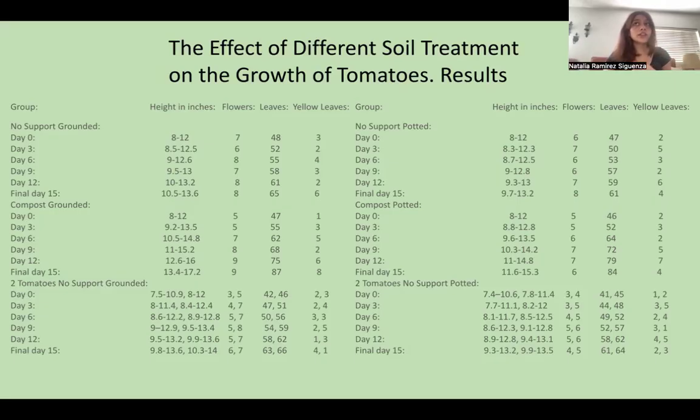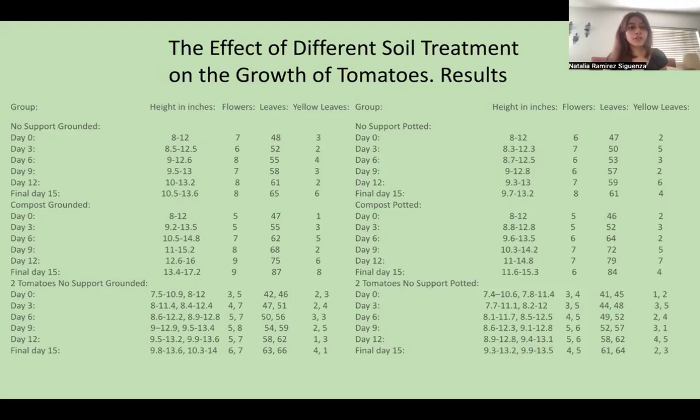I have noticed that the grounded ones are actually surviving better because of their conditions and the fact that they're less likely to get diseases because of the other plants around these tomatoes. I have noticed that the ones in the ground are getting more yellow leaves, and diseases are more prone to affect their growth. But either way, each tomato plant is growing at least one tomato as of right now.